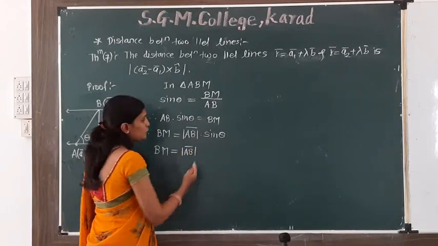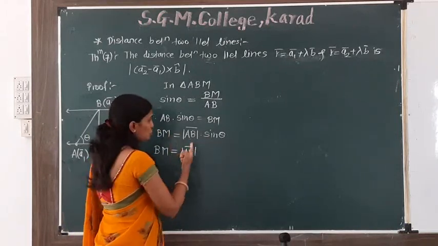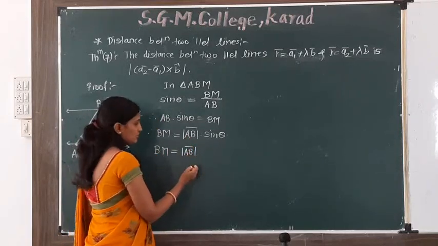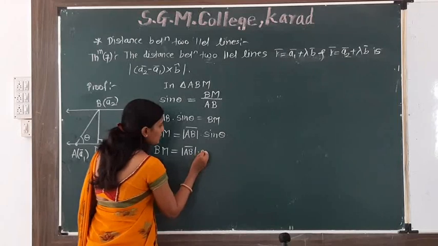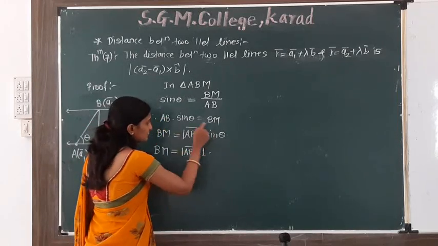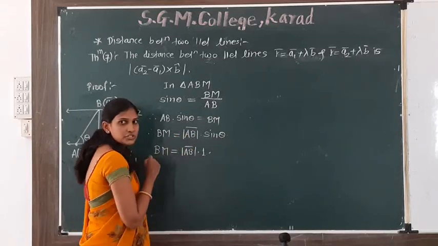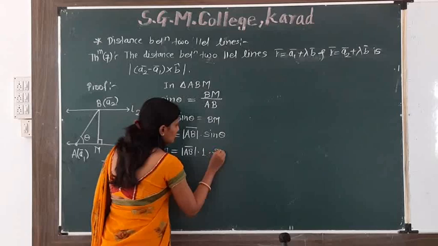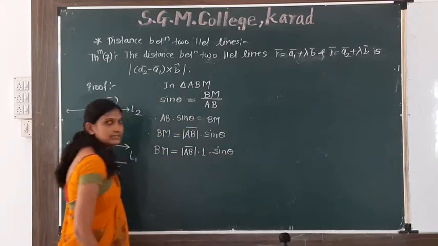Now we make an adjustment. What is the adjustment? If we multiply any constant by 1, we get the same constant. So we multiply this term by 1. It does not affect the equation. So BM is equal to the magnitude of AB bar into 1 into sin theta.